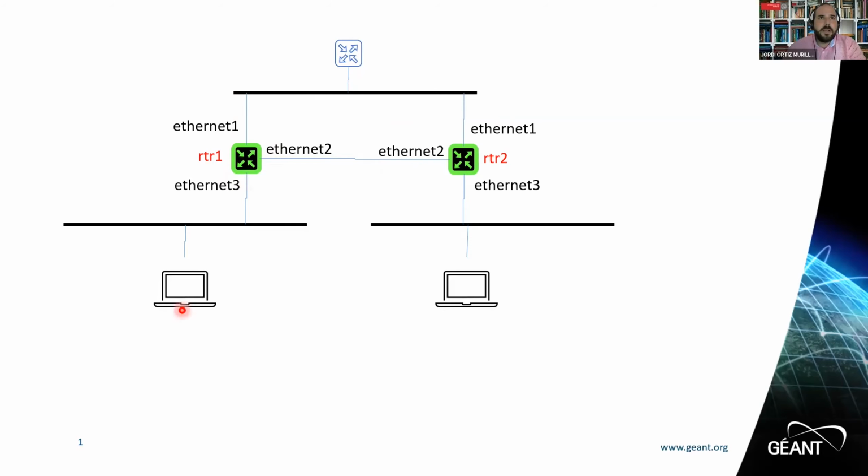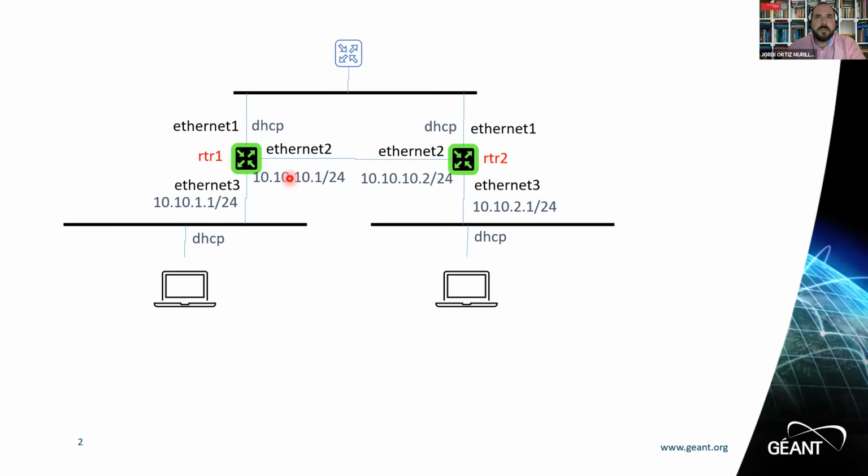And then we have a couple of networks where I have just put a VM on each side just to show the effect. Okay. So the first thing will be to put some addresses. This is the addressing we are going to use during the demo. The FreeRtr is going to configure itself via DHCP from this router here on both sides.